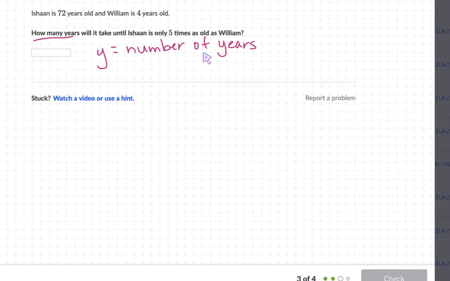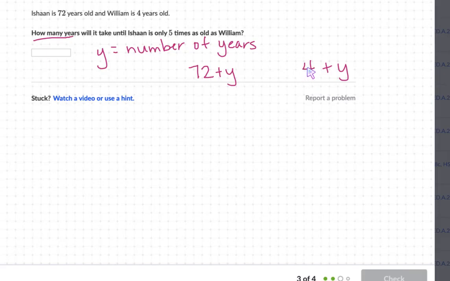And Ishan is 72 years old. So Ishan is 72 right now, and William is 4 years old. We don't know in how many years, so we're going to add that to y.